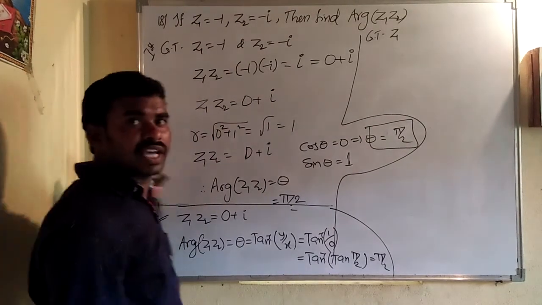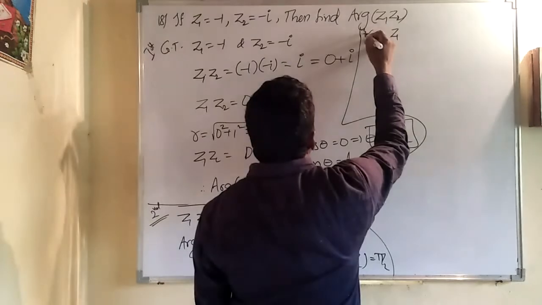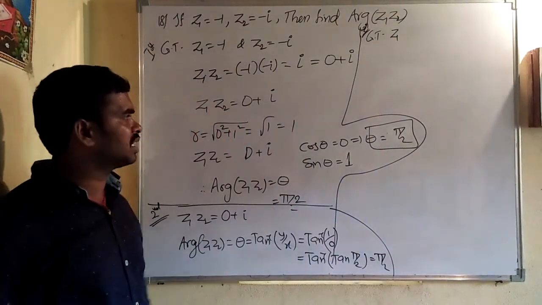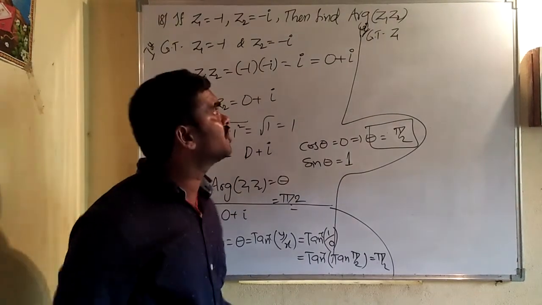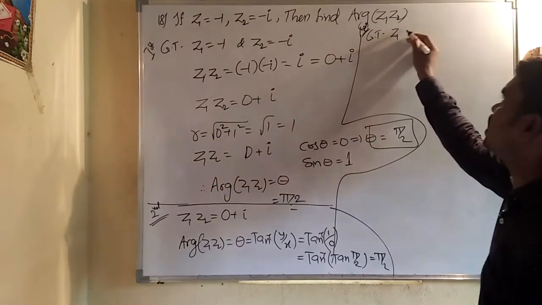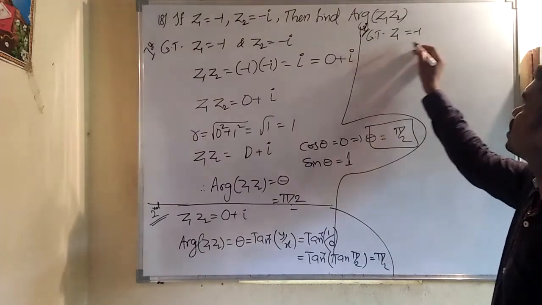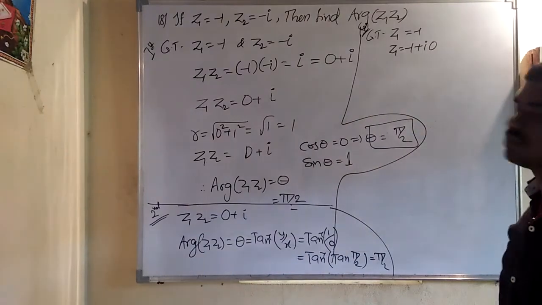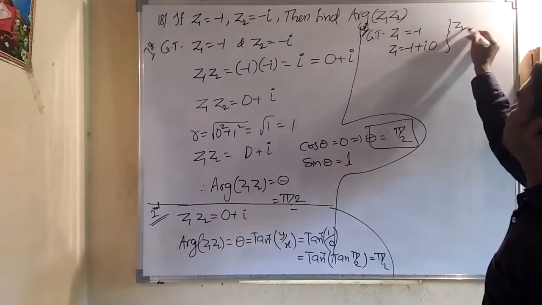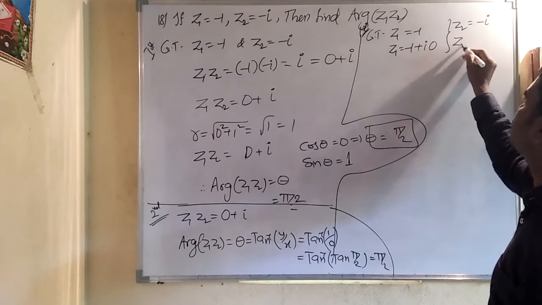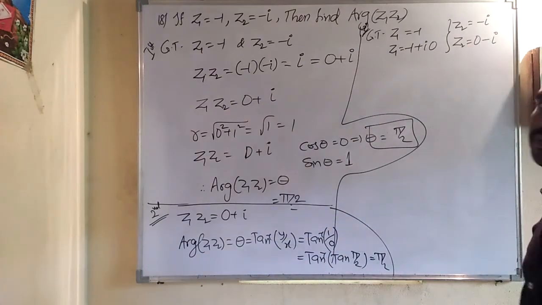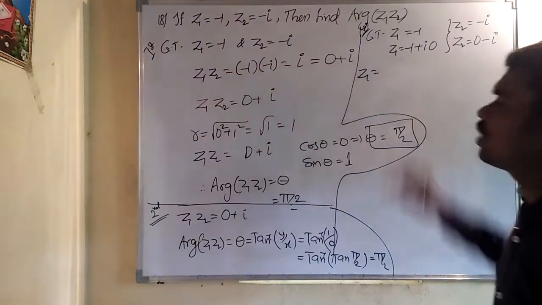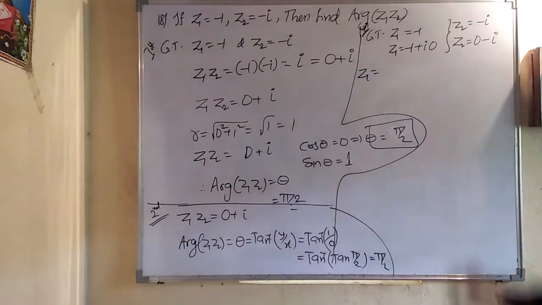And one more method is there, the third method. I will give you clarity after explaining these three methods on which you have to follow. So Z1 equals minus 1, that means Z1 equals minus 1 plus I into 0. And the second, given that Z2 equals minus I, that means Z2 equals 0 minus I. So for the Z1 polar form, no need to multiply and divide, because you will get R equal to 1.